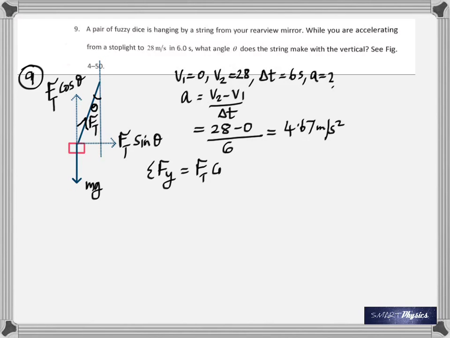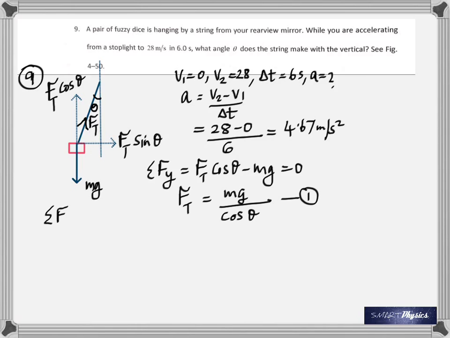But first I'm writing the force along the y, so let me ask you about that. What's the force along the y? Yeah, F_T cos theta minus mg must be equal to 0 because there's no acceleration along the y. That gives us F_T, and you get equation number 1.